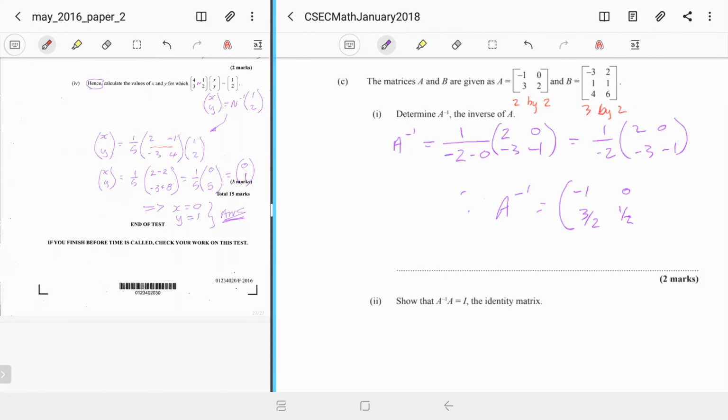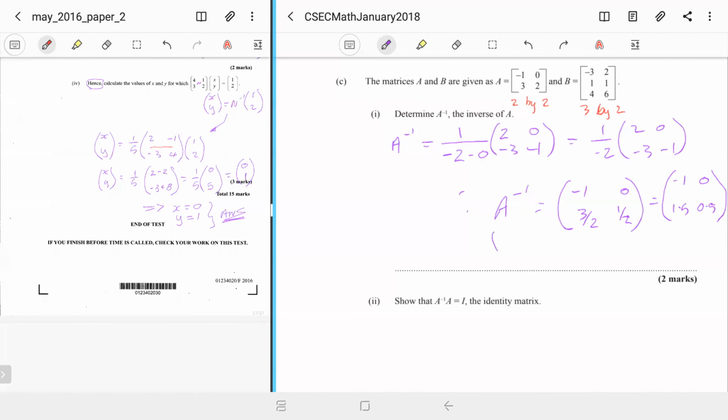So I can put a half or I can put 0.5. If you want, you could put -1, 0, 1.5, 0.5. But I would leave my answer with fractions. I like to see my fractions.